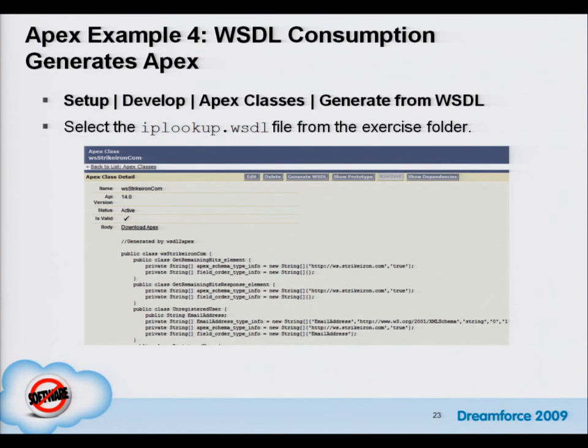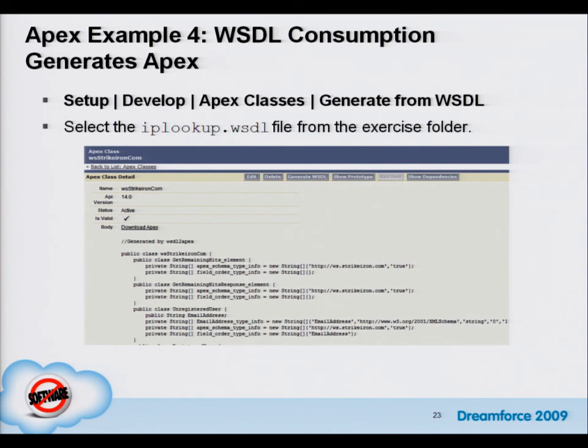And that WSDL file describes the schema of that web service, and that schema is going to include the objects and the methods that class performs. And with Apex, like many tools such as .NET or Java, WS import or WSDL to Java, you can import a WSDL file and it generates proxy classes for you. Then you can use those classes to call outside web services.